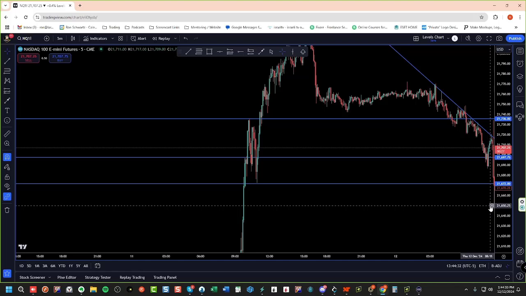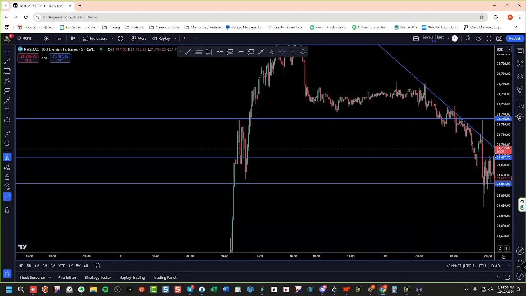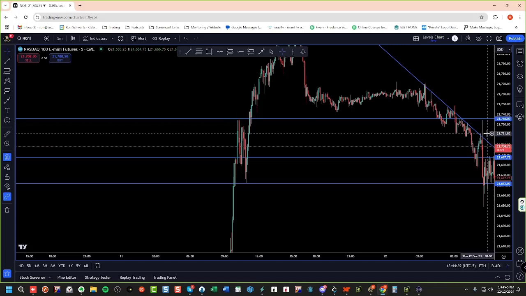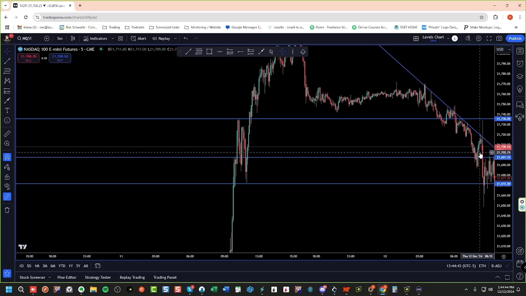If we bounce off of here and we break lower and I'm meeting this line, I'm looking for a short. But if I break above this point of entry, then I'm just looking to go long.